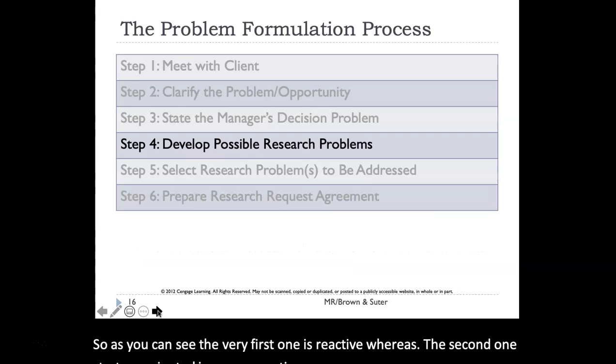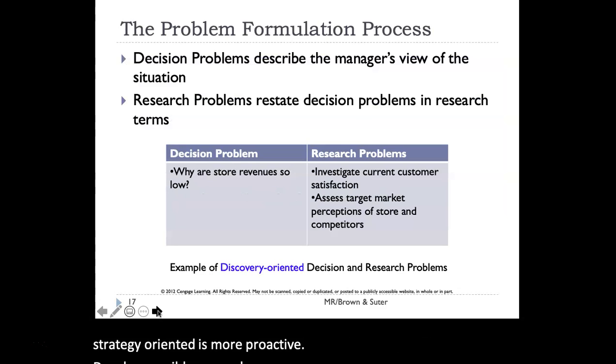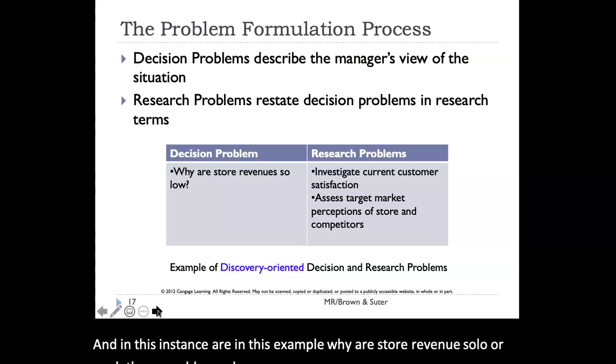Develop possible research problems. So one of the things that we have to do is take those questions that the manager has, and in this example, why are store revenues so low? Or we could say, why did we lose 15% market share last month?